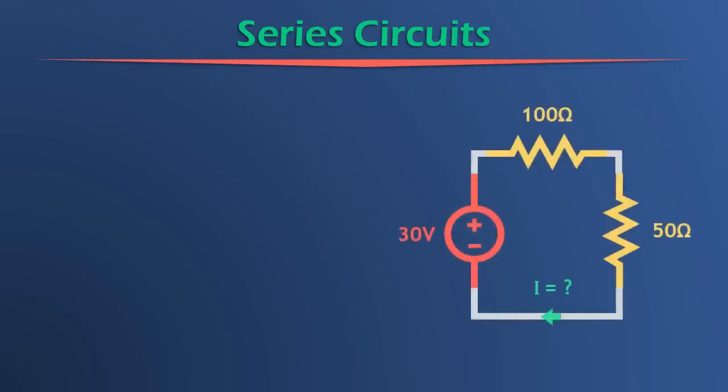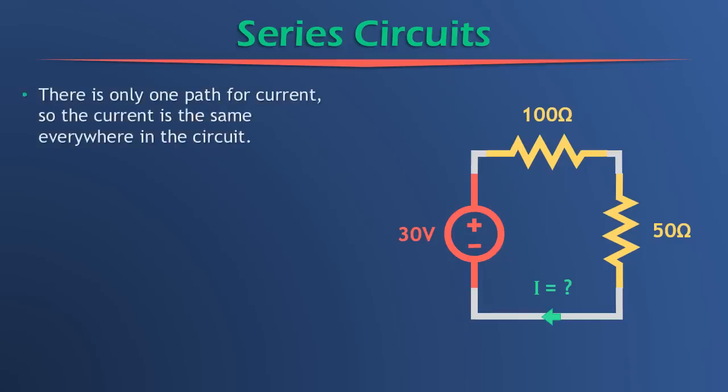Circuit elements can be connected in two basic fashions, either in series or in parallel. So let's talk about series first. In a series circuit, the elements are connected one after another, meaning the front of one circuit element is attached to the back of another element, and the front of that element is attached to the back of another element. That's what makes it a series circuit.